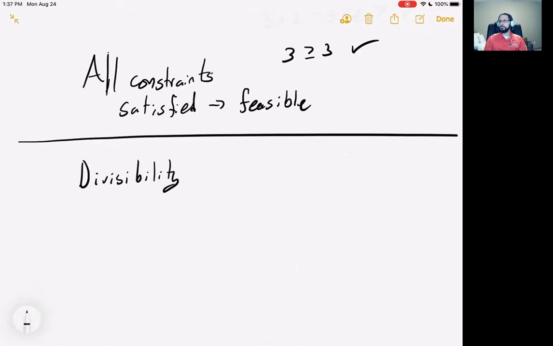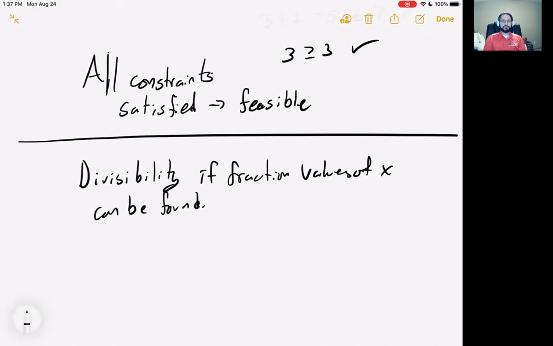In an LP, we say that the LP's divisibility assumption is satisfied if fractional values of x can be found. Notice that in real life, this might not necessarily make sense. There might be times where you want x to actually attain a whole number of values. There's a field of study for that, but it's not technically an LP.